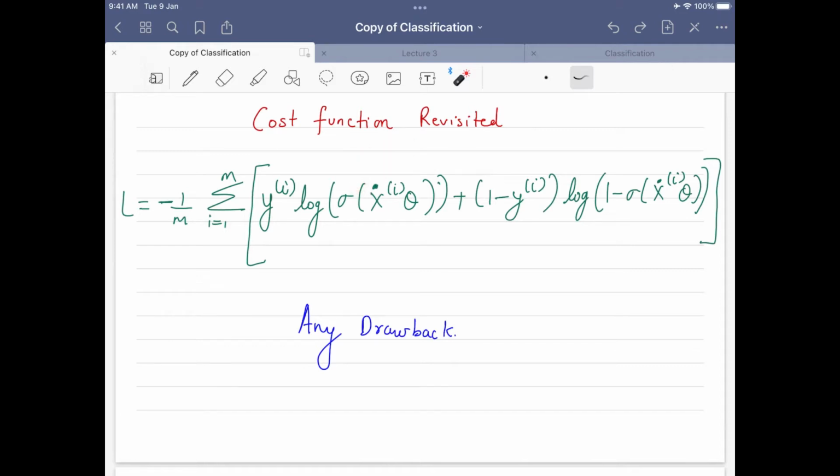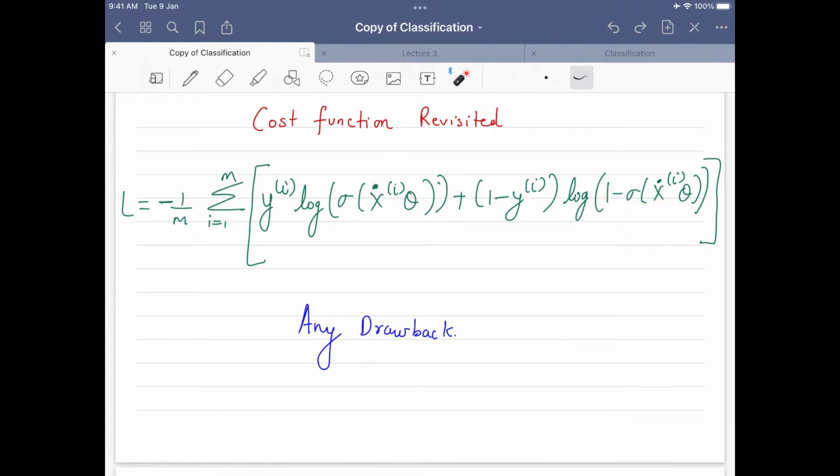So the problem arises when this sigmoid expression becomes close to 0, and then this cross entropy term will not be valid anymore. Similarly, here if this term becomes close to 1, then you can see 1 minus 1 is again 0, and it's again a problem.